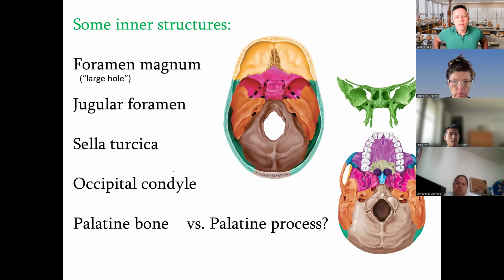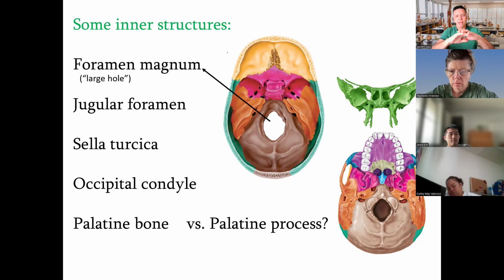All right, some other inner structures of the skull, folks. And here we have a superior view of the skull with the top of the skull removed. Another bone marking that I want to focus on right here is this big hole on the occipital bone. This hole is what we call the foramen magnum.